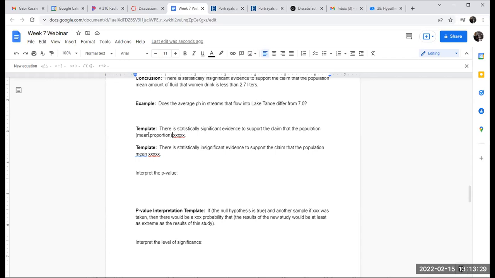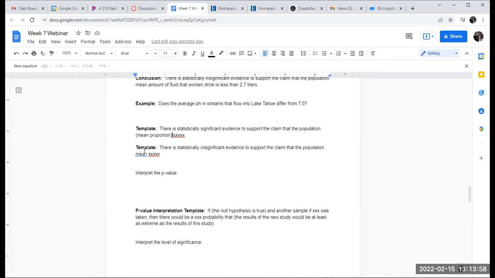Or you could say the percent of all people, all vaccinated people who could get COVID would be less than 4%. But you must specify you're talking about everyone. Okay. Any questions on that?